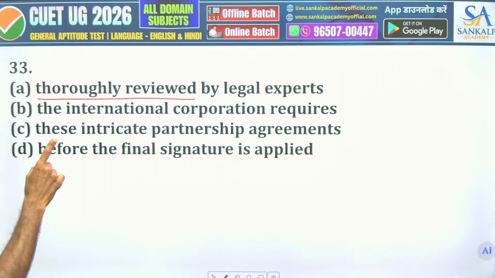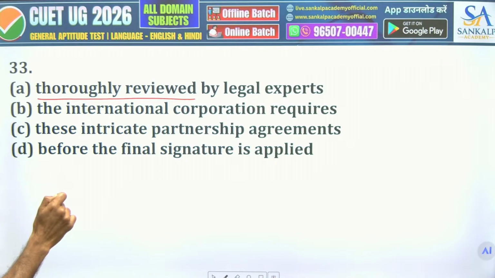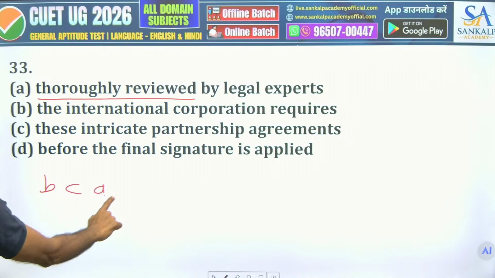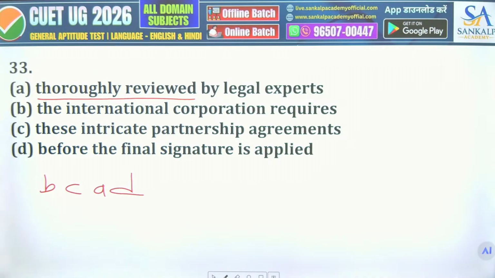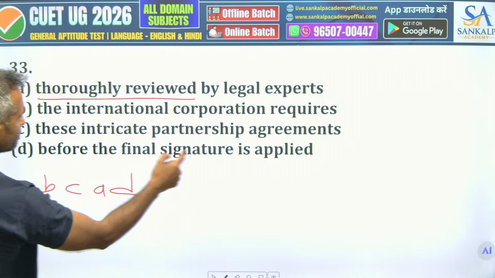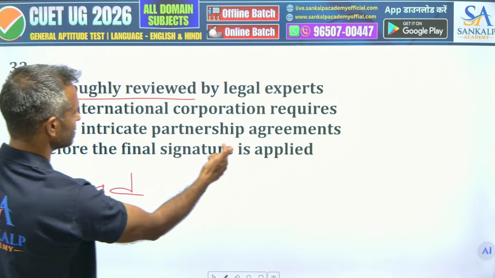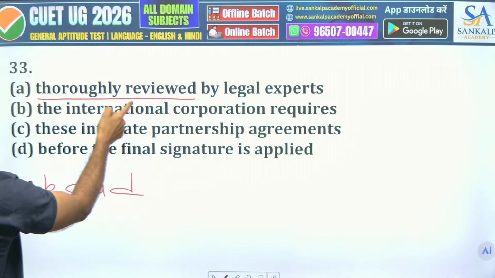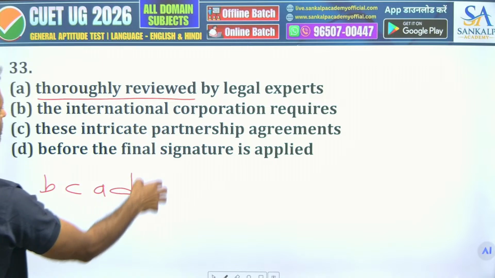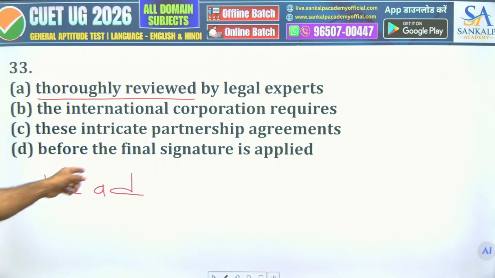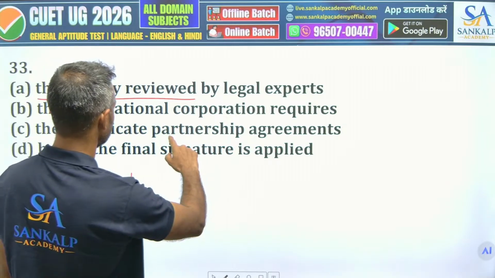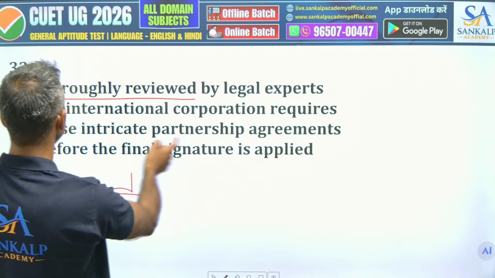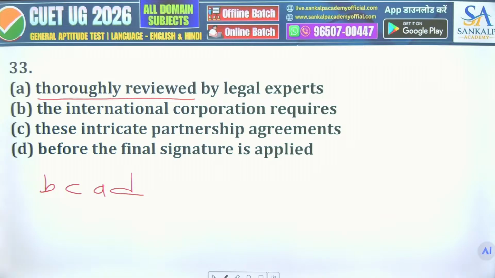B, C, A, D. Why is this? I'm connecting this ED clause with this part, these partnership agreements, because agreements are reviewed, right? Okay, next.